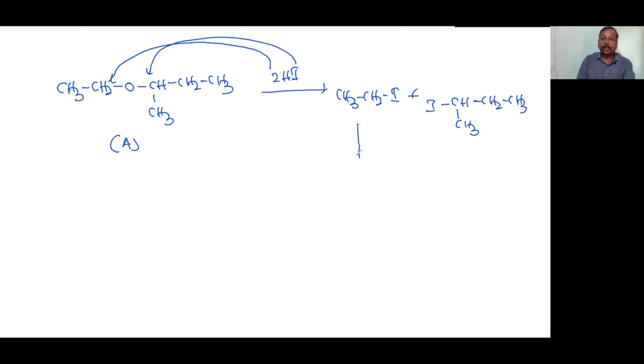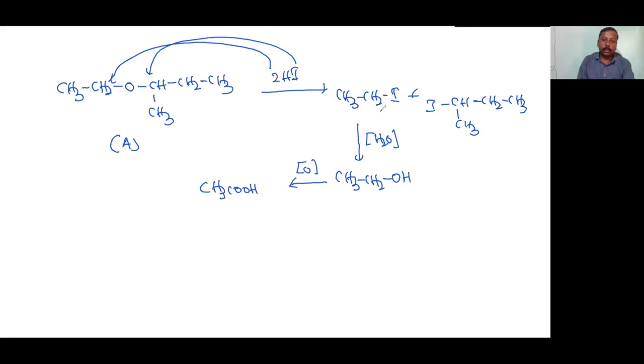Now for oxidation, when you oxidize any 1 degree haloalkane, first on hydrolysis it gives alcohol, so CH3CH2OH. Now on oxidation it gives carboxylic acid, CH3COOH. Is that clear?